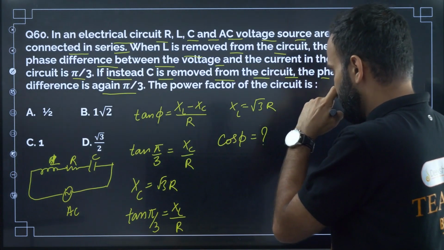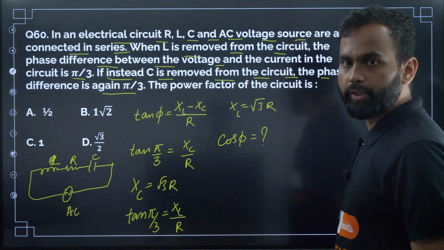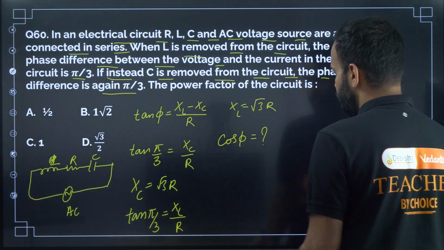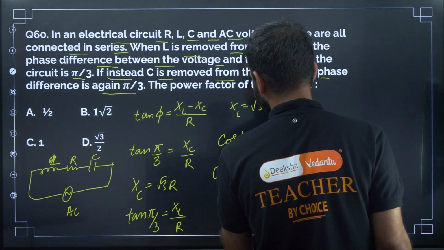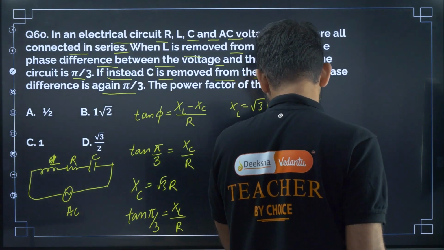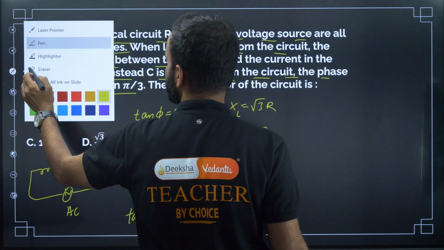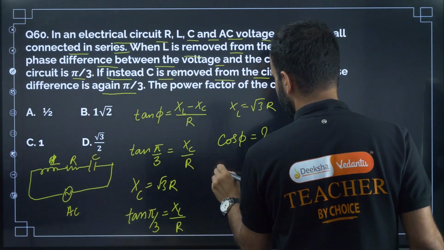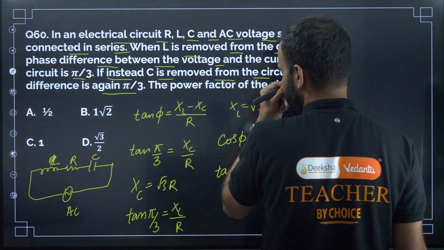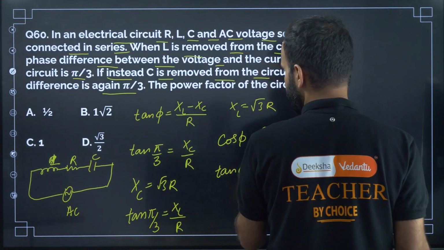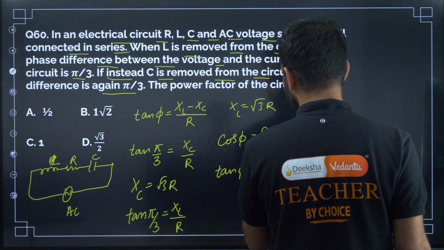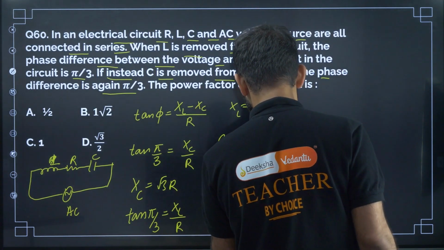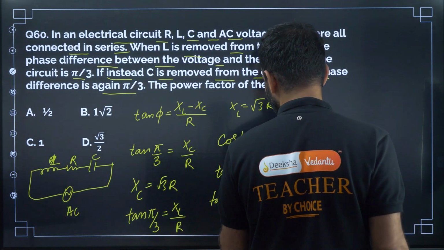So here the value of XL and XC is the same. Now tan phi will be equal to 0, since XL is root 3R and XC is root 3R, so this will be 0 divided by R. So tan phi equals 0.